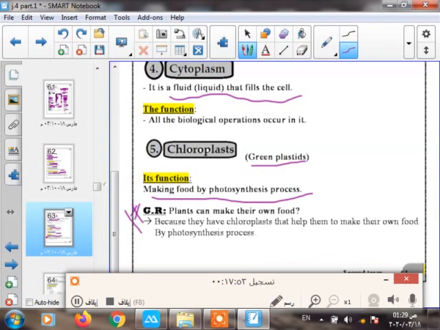I didn't see a plant or tree take a sandwich of potato. They make their food by themselves. How? Because the chloroplast helps them make their food by photosynthesis, by absorbing sunlight. So who is responsible for making the food for the plant? Chloroplast. Excellent.